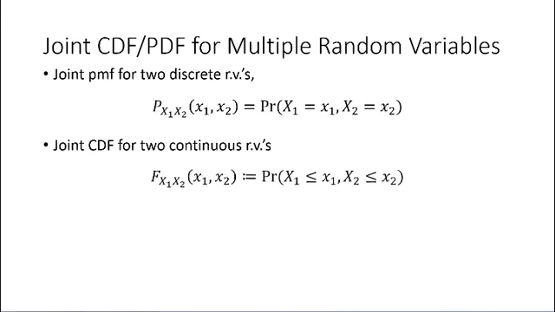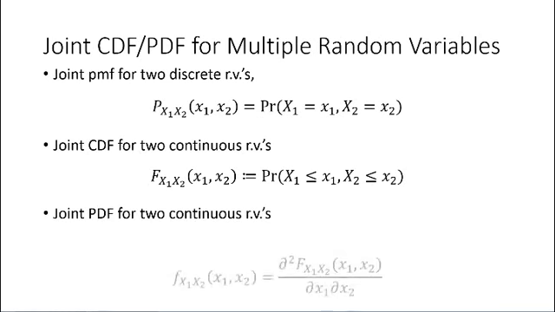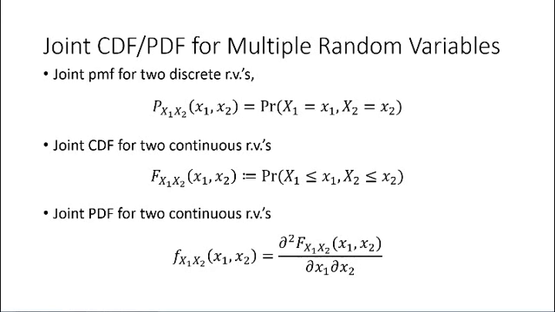Similar to the univariate case, the joint CDF for two continuous random variables is defined as the probability that each variable is less than or equal to some value respectively. And the joint PDF is similarly the partial derivative of the CDF with respect to each variable.